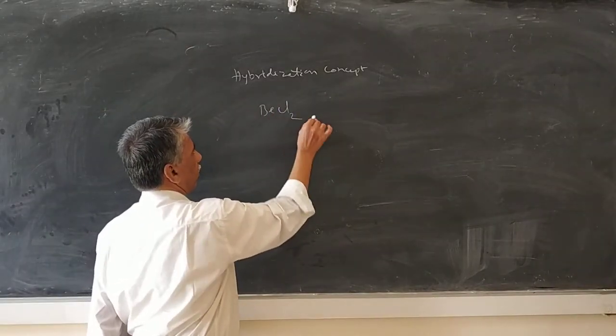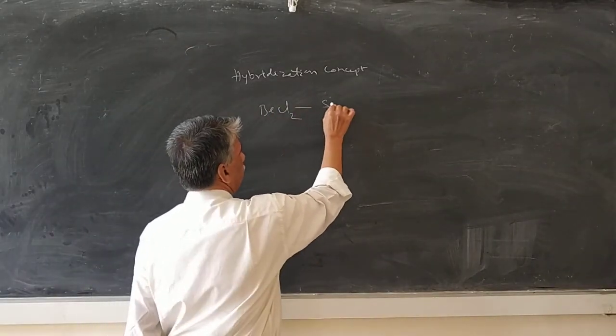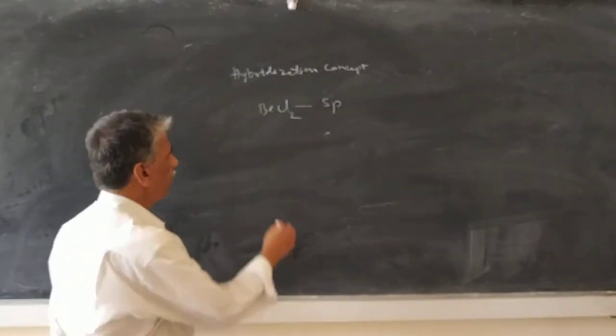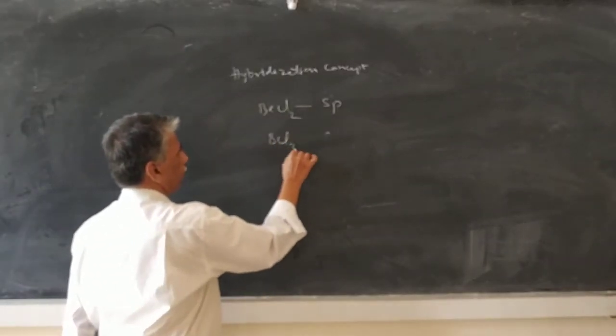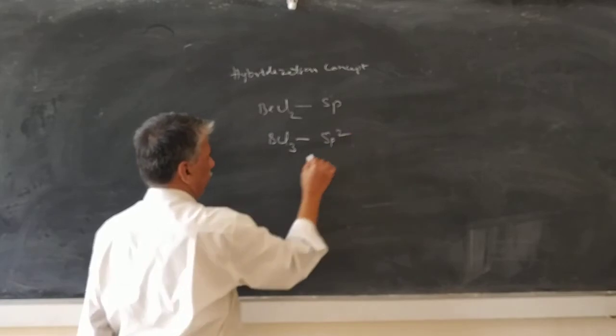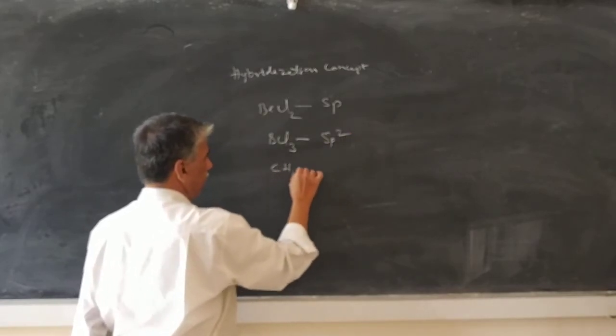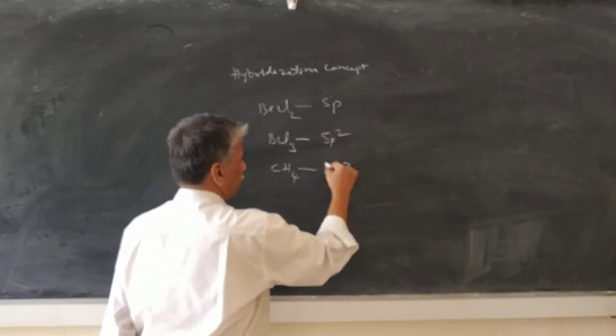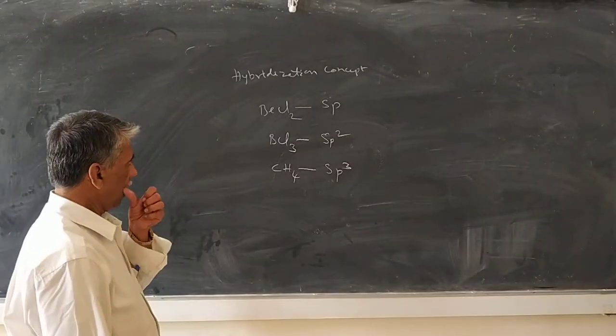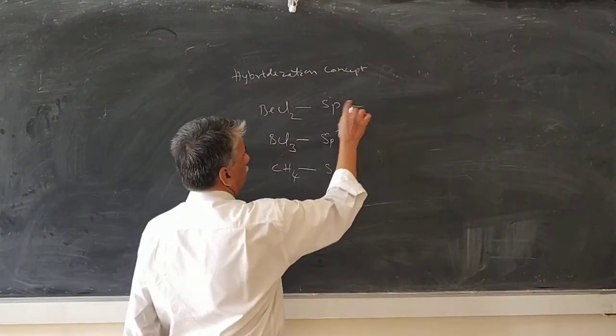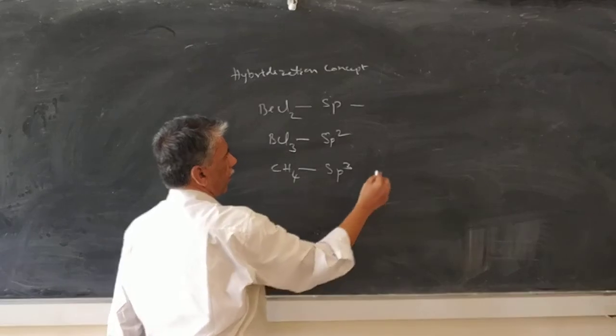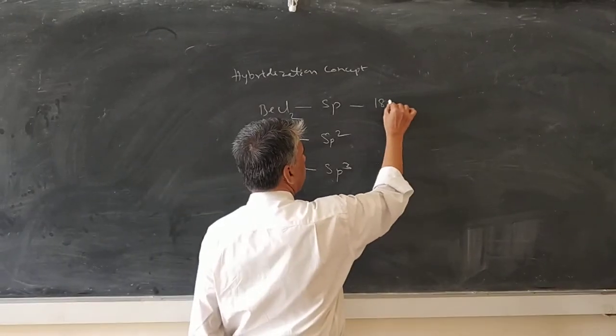Example: beryllium chloride, which involves sp hybridization; BCl3, sp2; methane, sp3. Okay, then if you know the hybridization, you can easily predict the bond angle.